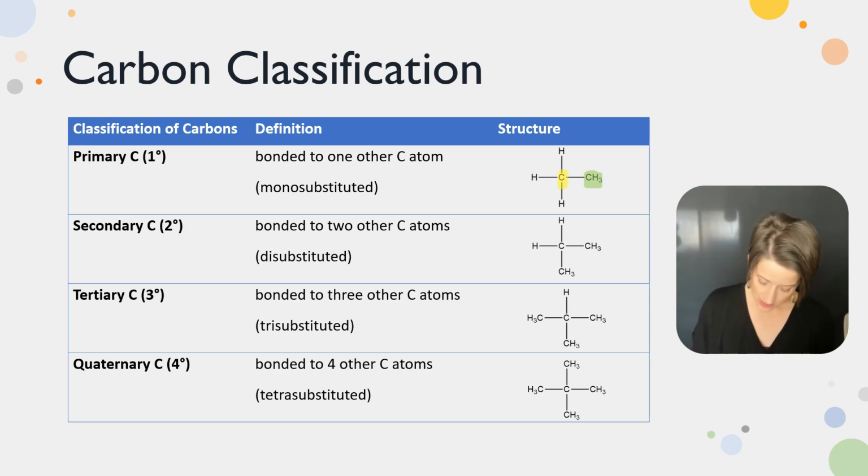A secondary carbon is going to have two other alkyl groups on it, and it is di-substituted. Moving forward with this trend, a tertiary carbon is going to have 3 alkyl groups and is tri-substituted. And a quaternary carbon is going to have 4 substituted positions.